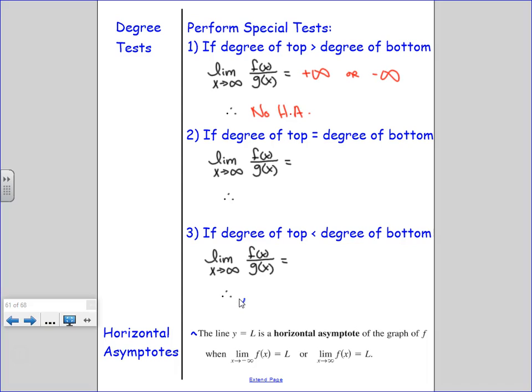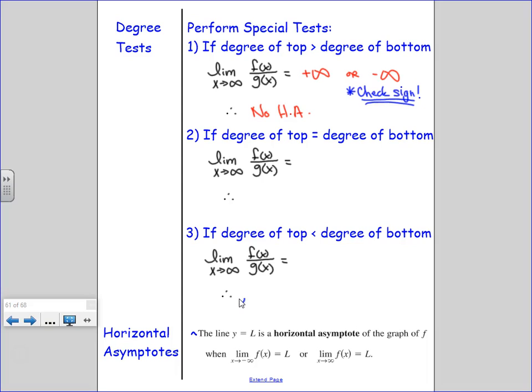If the top wins, that means the bottom isn't going to be able to hold it down. So it's just going to keep on expanding to either positive or negative infinity. We're going to have to check the sign, which we've already practiced a couple times today.